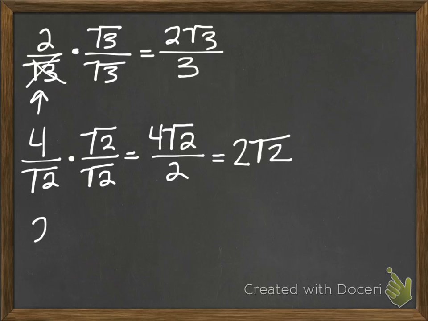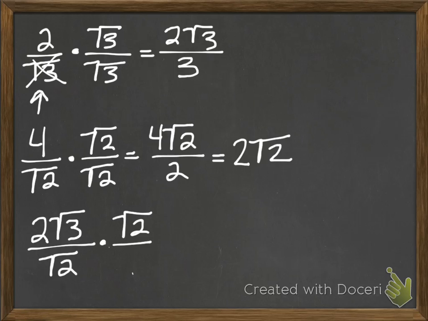Let's say you've got 2 times the square root of 3 over the square root of 2. Okay, in this one, we've got 2 radicals, but the only one we want to get rid of is the square root of 2 because it's in the denominator. Okay, so we're going to multiply that by the square root of 2, because that's going to get rid of it.